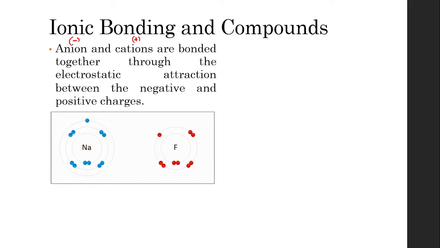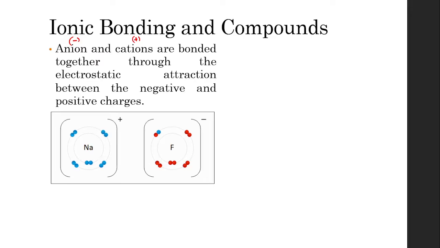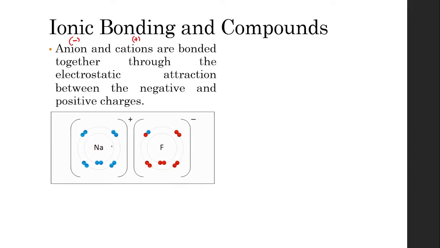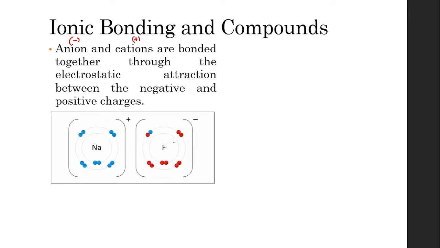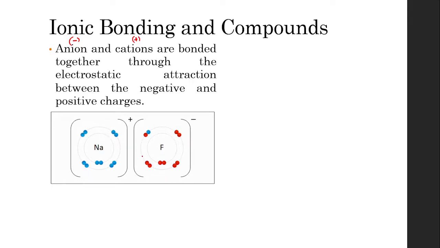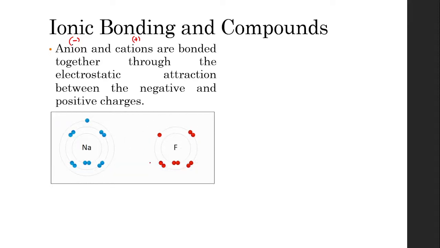Fluorine is found in the same group as chlorine, wherein we donate one of the electrons from sodium to fluorine, creating 8 electrons on the fluorine valence and 8 electrons on the valence of sodium.